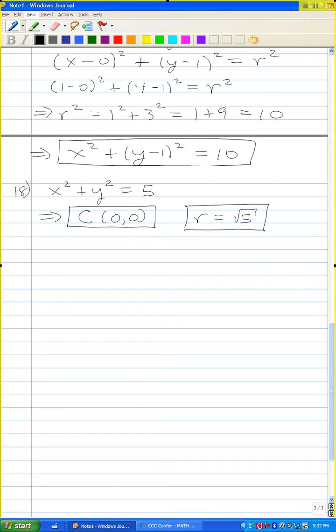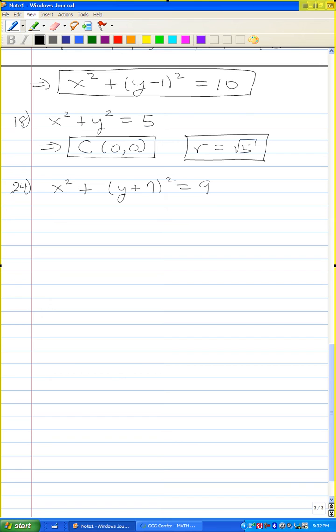Let me do problem number 24. And so I have x squared plus y plus 7 squared equals 9. And so the center of my circle is, well, the x-coordinate of the center is going to be 0. The y-coordinate will be, well, the opposite of positive 7 is negative 7. And the radius, well, the square root of 9 is 3.